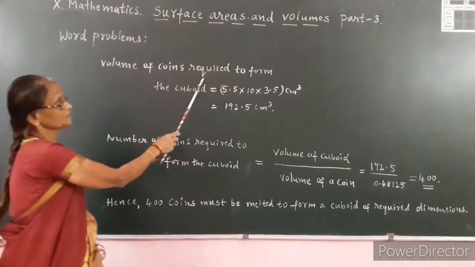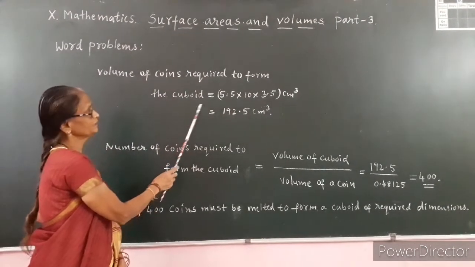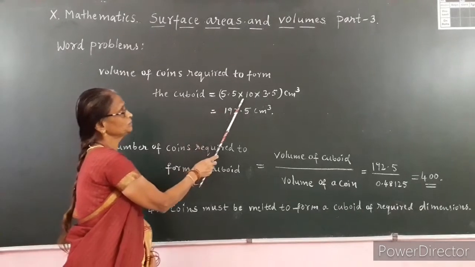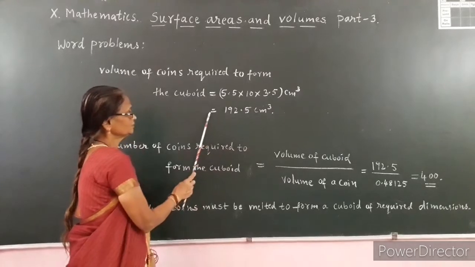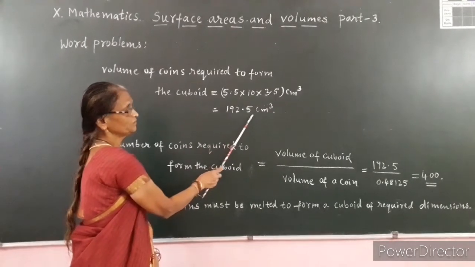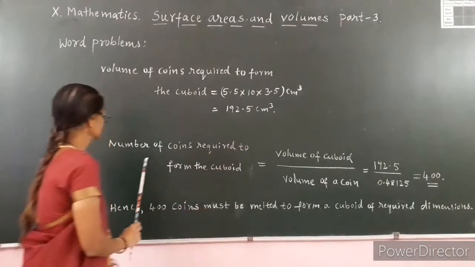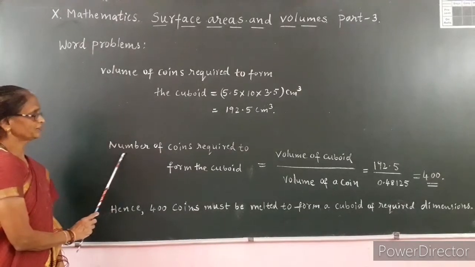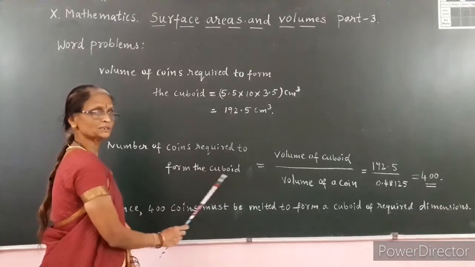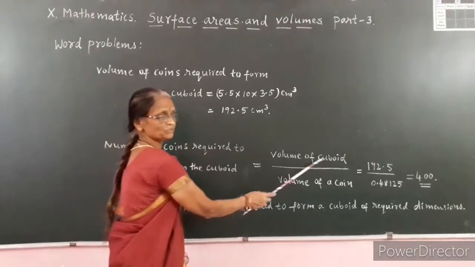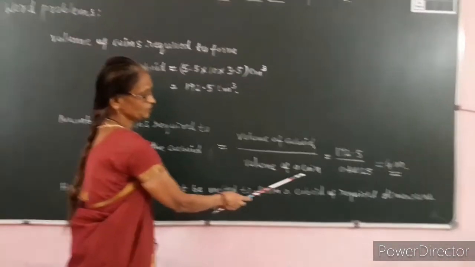Volume of coins required to form the cuboid equals 5.5 into 10 into 3.5 centimeter cube, that equals 192.5 centimeter cube. Then we require to find the number of coins. So number of coins required to form the cuboid equals volume of cuboid by volume of a coin.